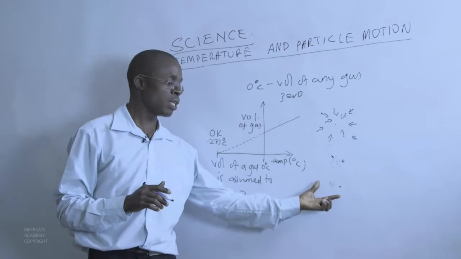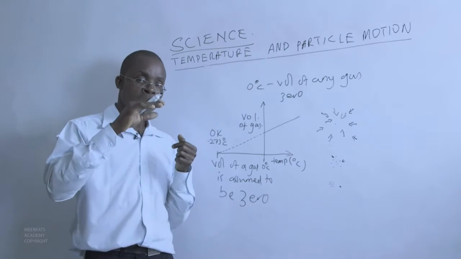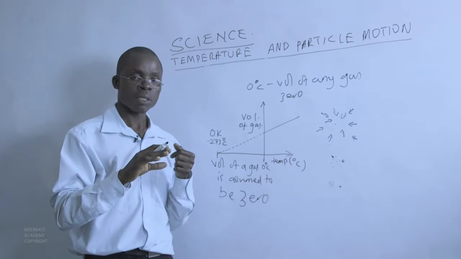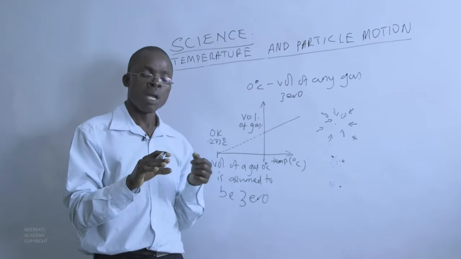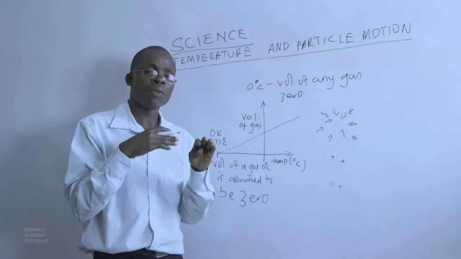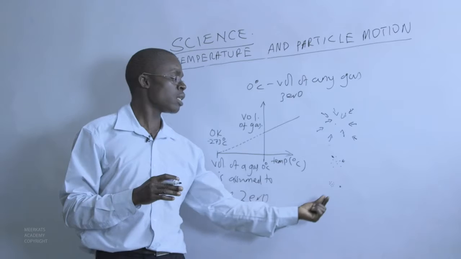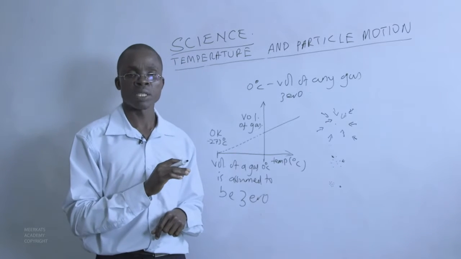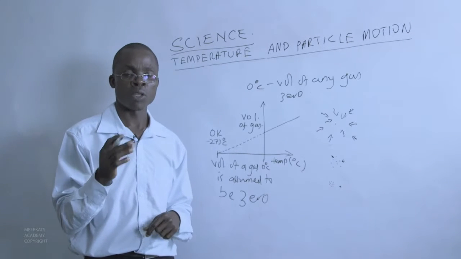And how we achieve it is by reduction in heat energy, which leads to reduction in temperature of the gas, reducing the movement of the particles, making them move closer to each other, and the further you reduce, the closer they move until they form a very tiny particle of the gases.